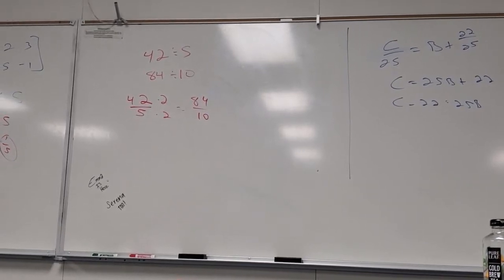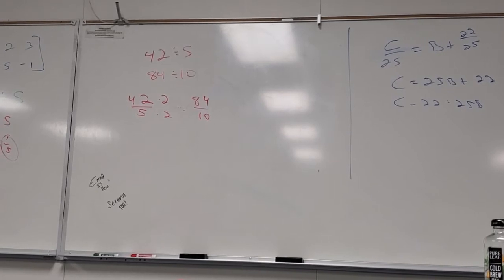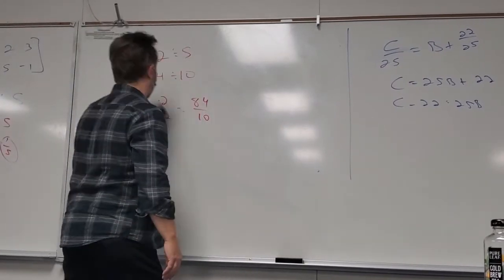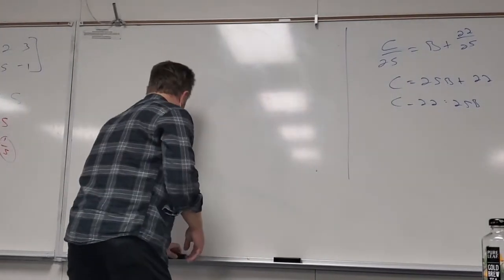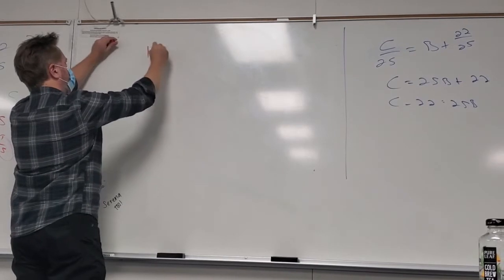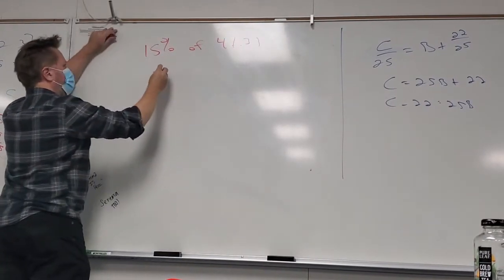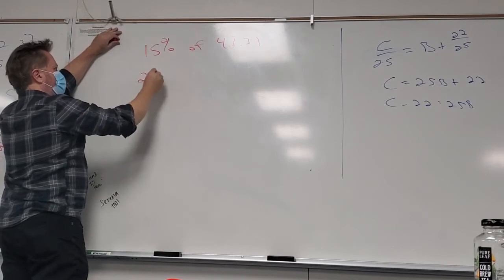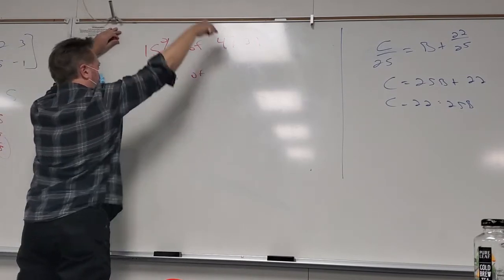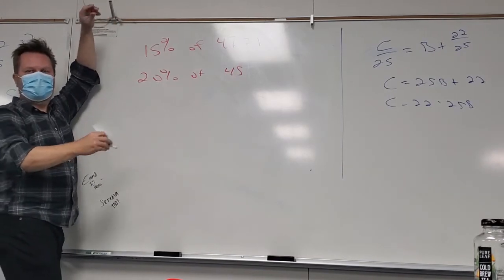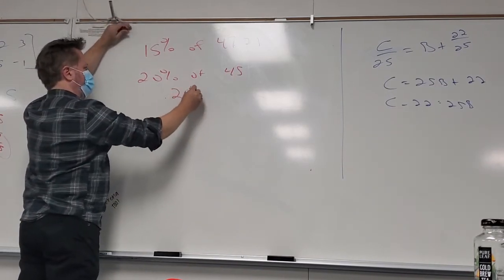So I can make 0.15, 0.20. Let me put it up on the board. So if I've got to do 15% of 47.31, I could do 20% of 45. So that's 0.2 times 45.